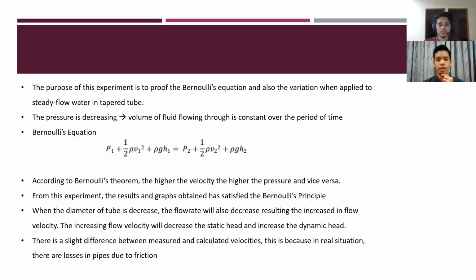There is a slight difference between measured and calculated velocity. This is because in a real situation, there are losses in pipes due to friction. Furthermore, there are other factors that differentiate the measured and calculated velocities, such as parallax error, systematic error, and also random error. That's all for our discussion.